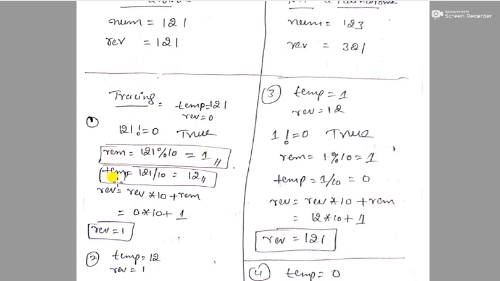Next we find temp: temp = temp / 10. If you divide 121 by 10, we get 12.1, but this is an integer, so only 12 will be stored in temp. Next you find the reverse: reverse = reverse * 10 + remainder. The reverse value for the first iteration is 0, so 0 * 10 is 0, plus the remainder 1, so 1 will be stored.